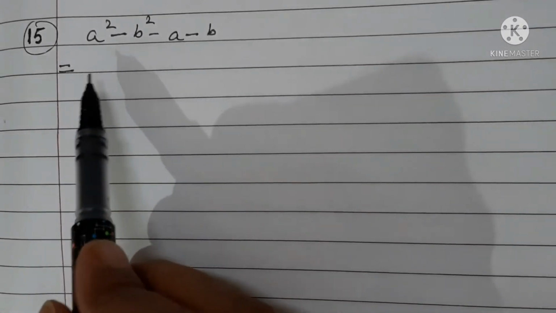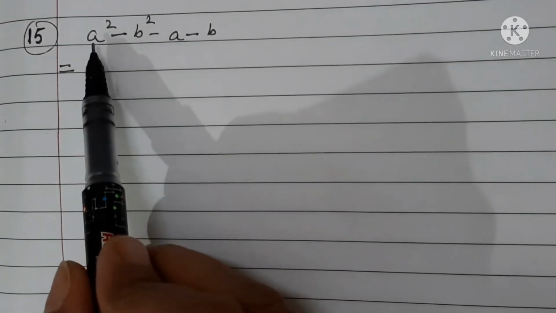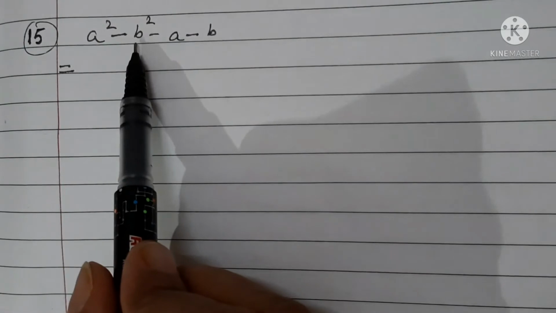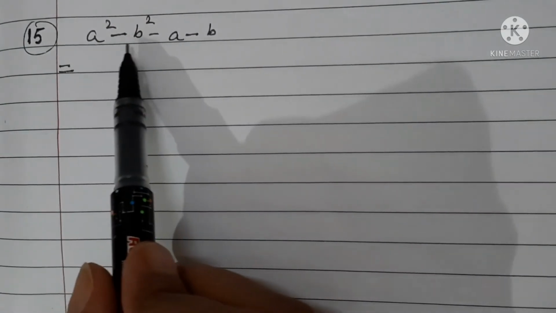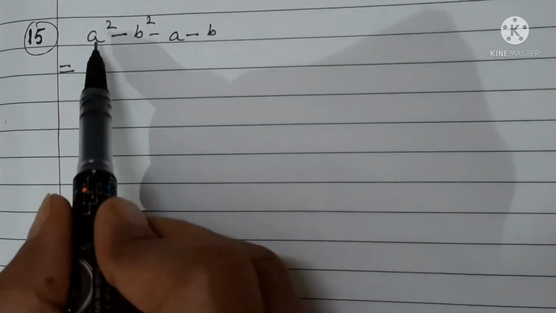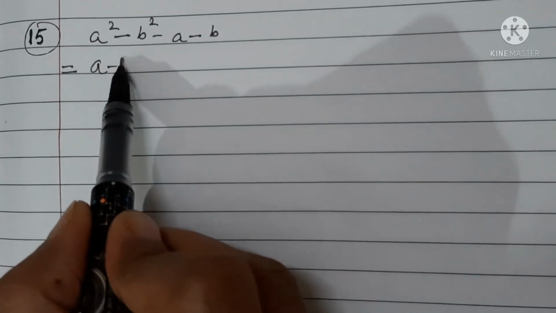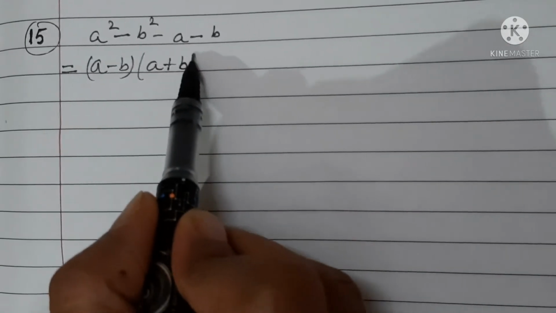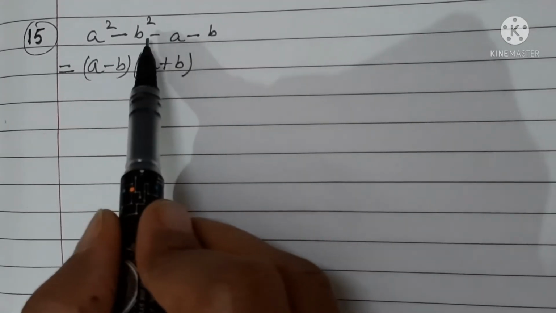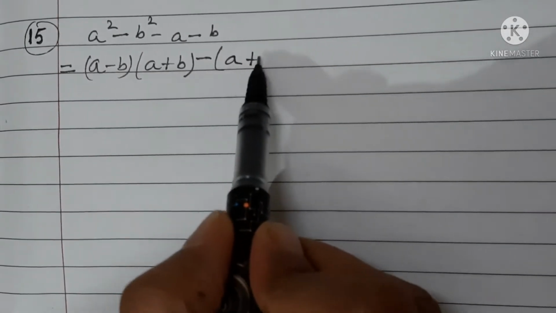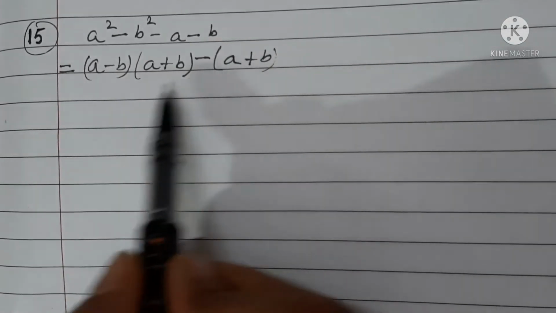Question 15, very easy. Here is the identity a square minus b square. So open this identity, and you will get one term as a minus b and a plus b as the second term. So write down (a minus b) and (a plus b), and here you can take minus as a common factor with a plus b in the bracket.